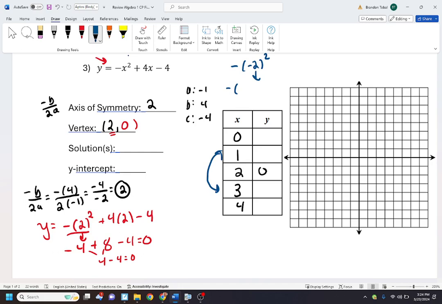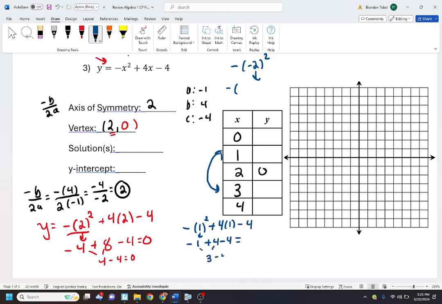So I'm going to do -1 squared plus 4 times 1 minus 4. It's -1, because 1 squared happens first and then the negative comes out. So -1 plus 4 minus 4.